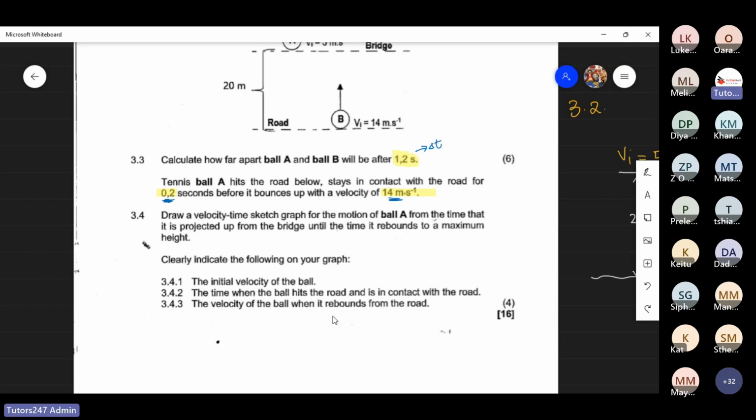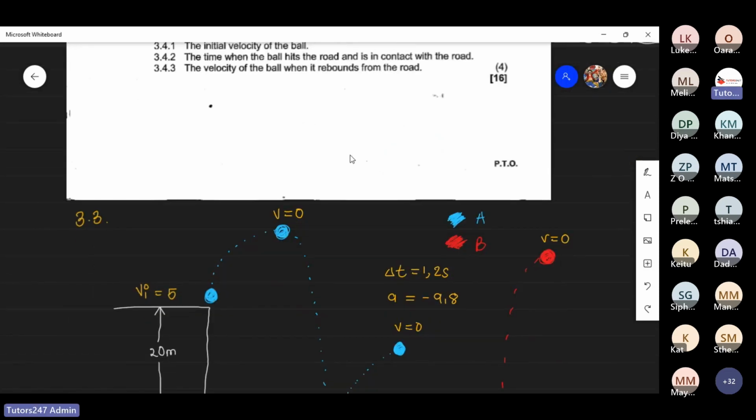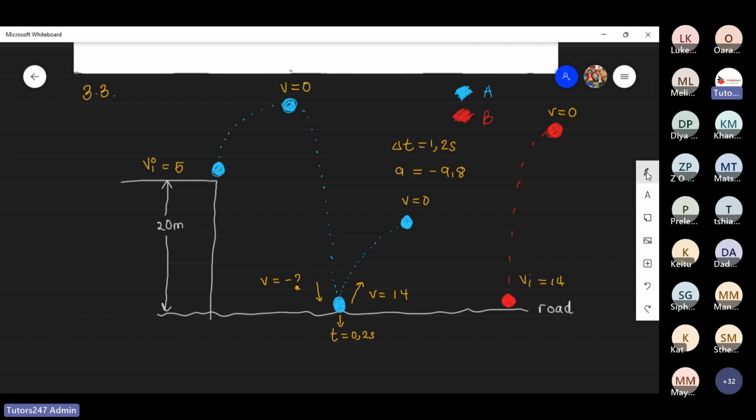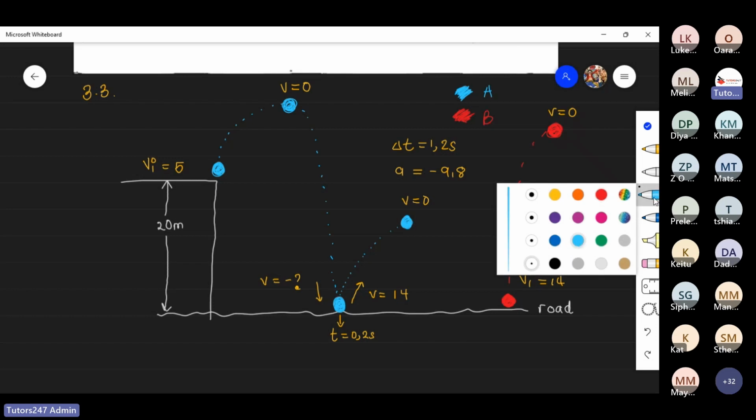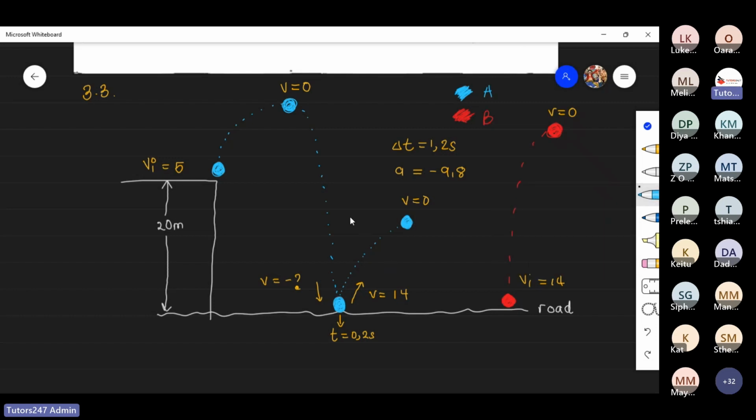So let's do a quick drawing. Let's edit this quickly. Let's state that our ball A, just give me a second to get out blue, was here. We'll just place it here. We don't know if it was here. I'm just using this as a representation for you to gain a better understanding of what's going on.